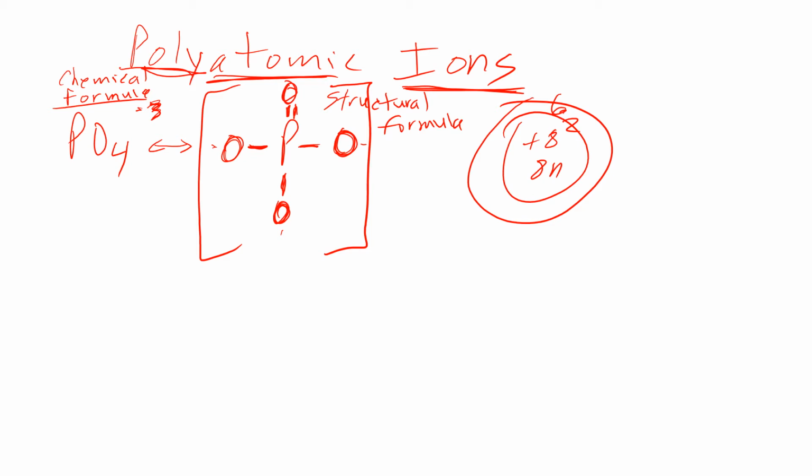So in helping you get more of a look in your head about what's going on with these, I'm going to give you structural formulas today, and then you give me the correct chemical formula, and then you're going to give me the name of it also.